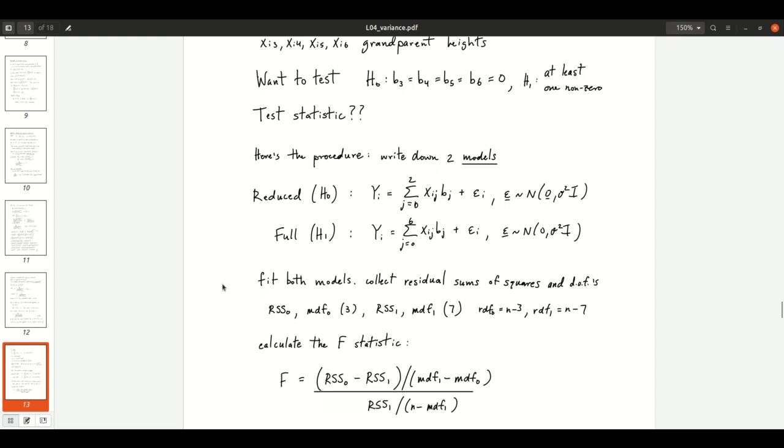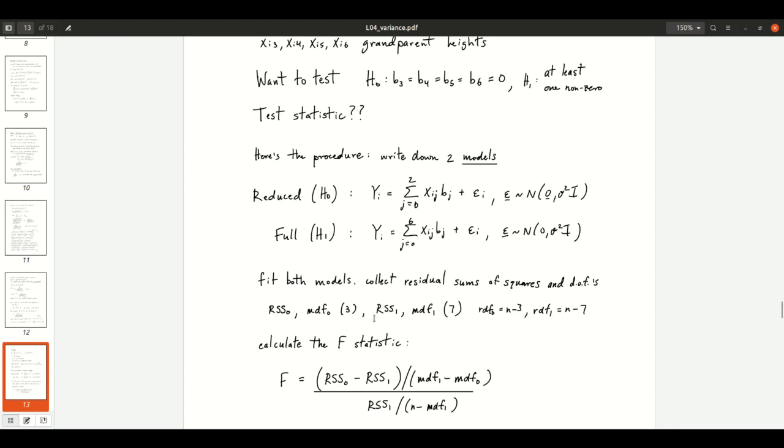The procedure is that we fit both models and we collect certain information from those models. We need the residual sum of squares from the null model, the reduced model. We'll call that RSS0. We need the model degrees of freedom from the null model. In this case, that's 3. Unless there's something weird going on with the design matrix, the design matrix should have rank 3.